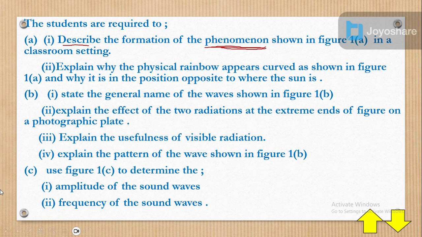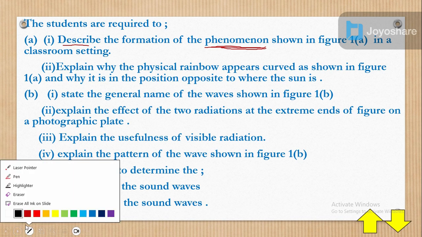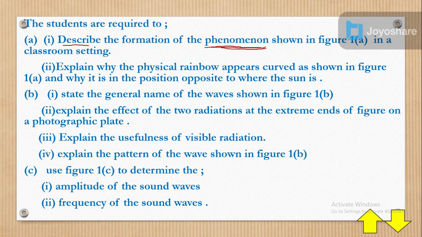So in simple terms, they are more like asking you, describe how a rainbow is formed. Explain why the physical rainbow appears curved as shown in figure 1a, and why it is in the position opposite to the sun. So we go towards the position opposite to where the sun is, and also why it appears curved.